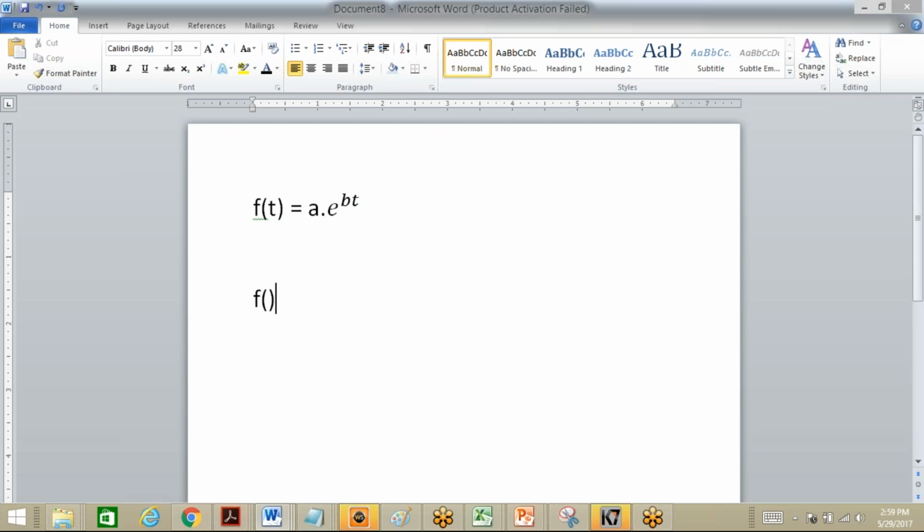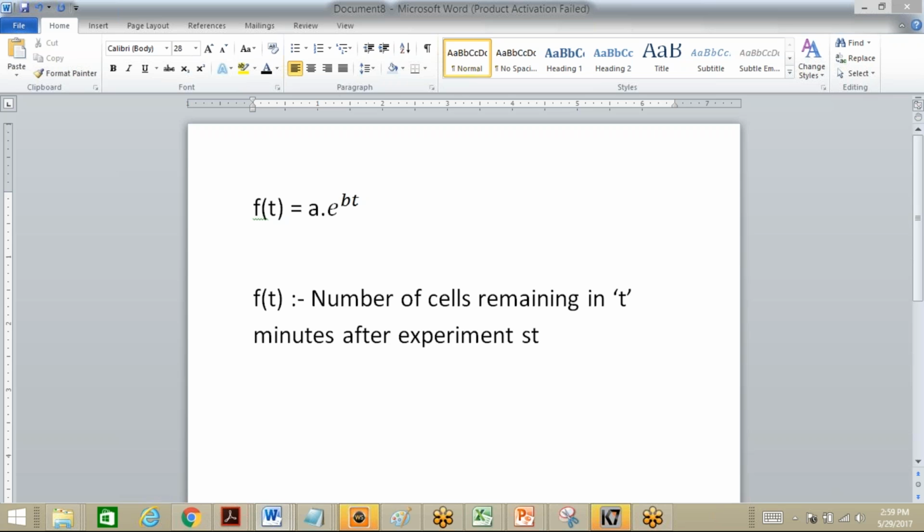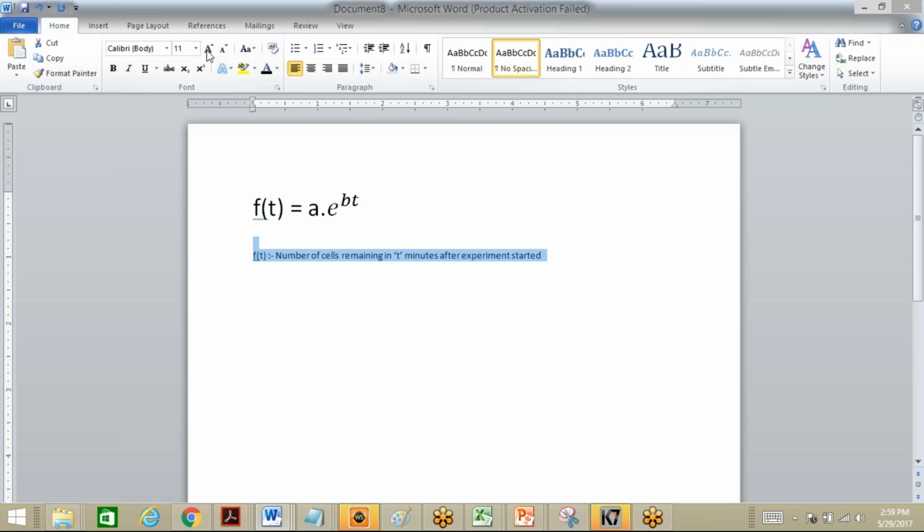The f(t), this is the number of cells remaining t minutes after the experiment started.